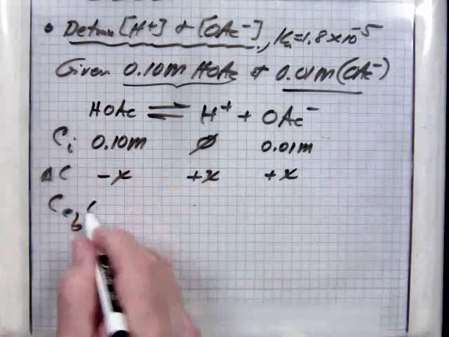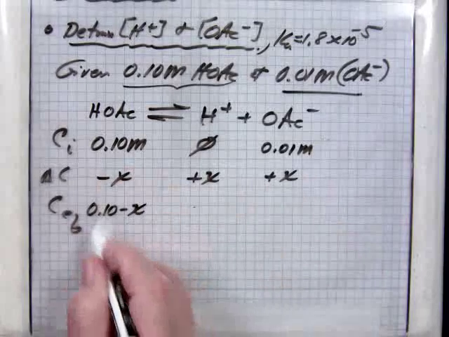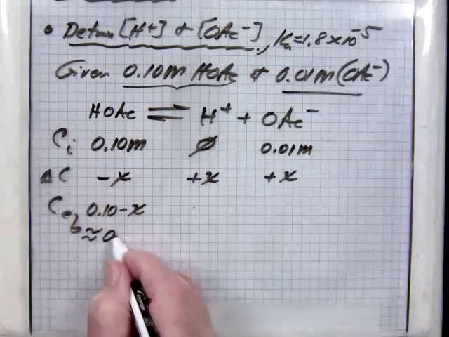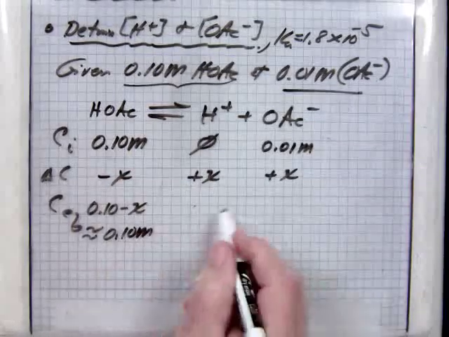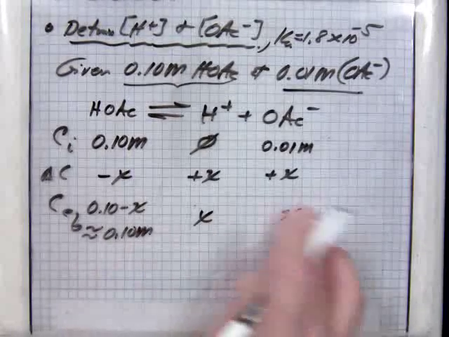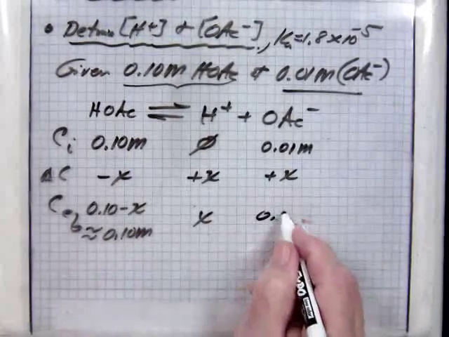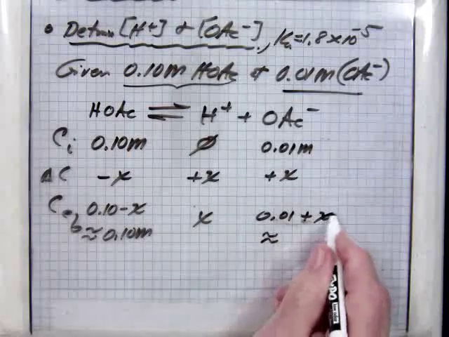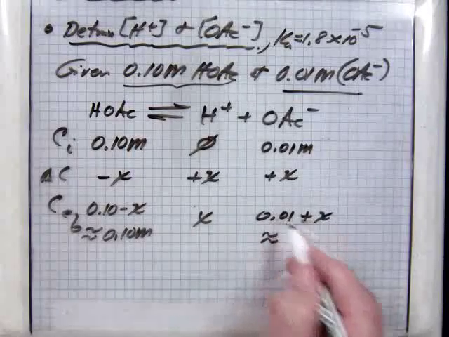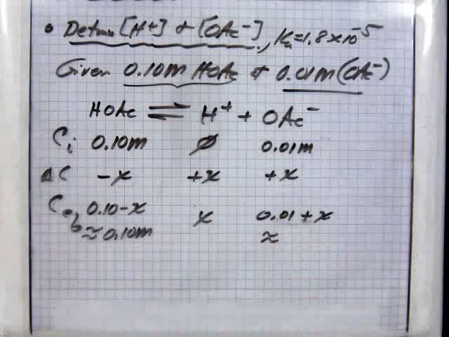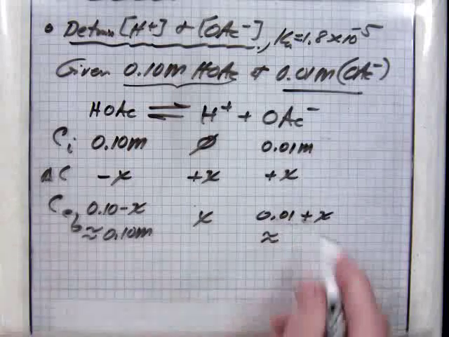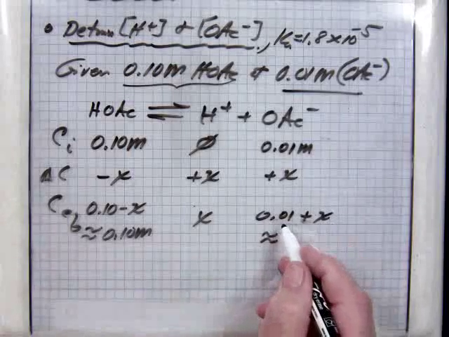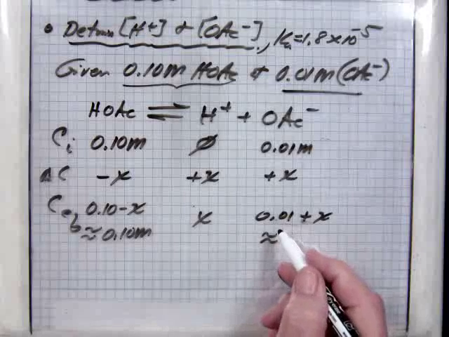And it's 0.10 minus x, and you can drop the x, so it's 0.10 molar, and 0.01 plus x, which you can drop the x. The x makes very little contribution. It'll be in the 10 to the minus 5 range. And so 10 to the minus 5 plus 10 to the minus 2, you don't see a change.